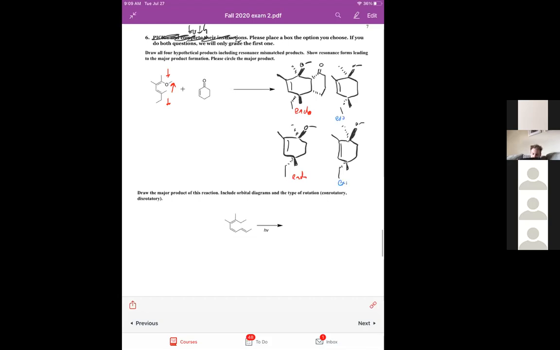If we take the same thing and move it to the wedge positions, we can get our first exo. Flipping it over to put the ketone on the bottom, give us our other endo. And then putting them as wedges can get them other exo.